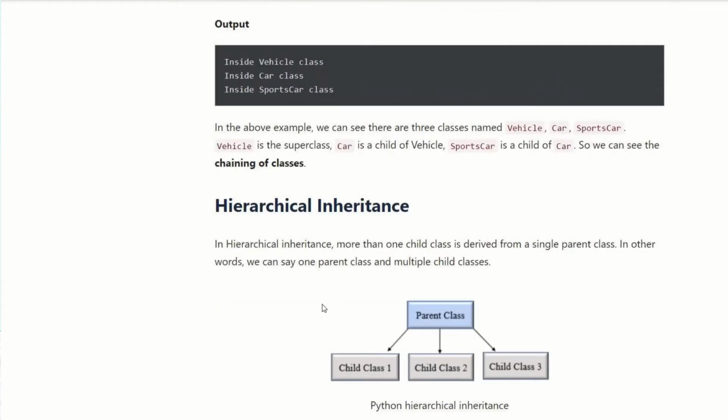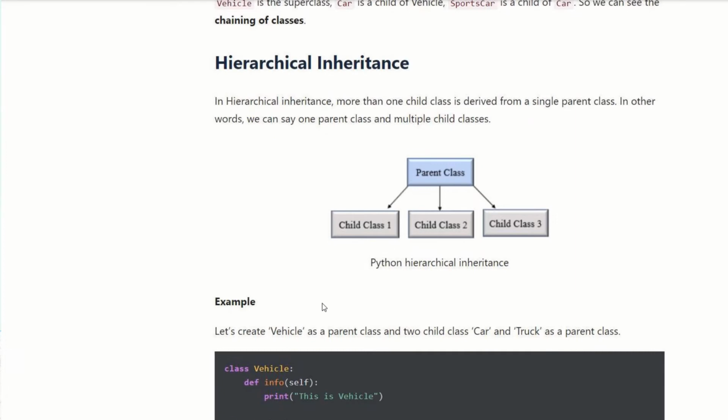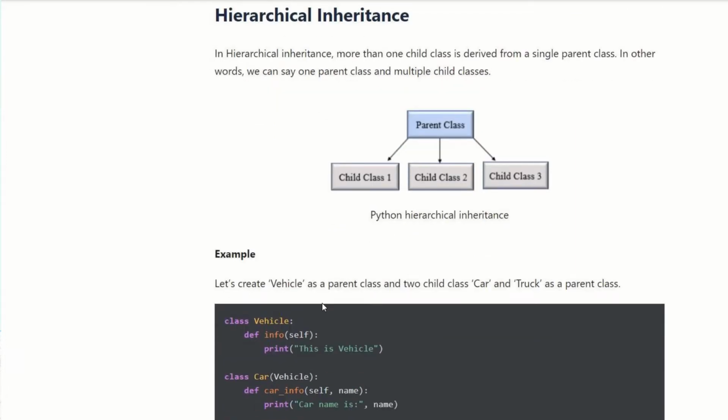Another type of inheritance is the hierarchical inheritance. So what is this type? So there are more than one child class and it's derived from a single parent class. So in other words, we can say that one parent class and multiple child classes. Okay, so this is different sa multiple inheritance.